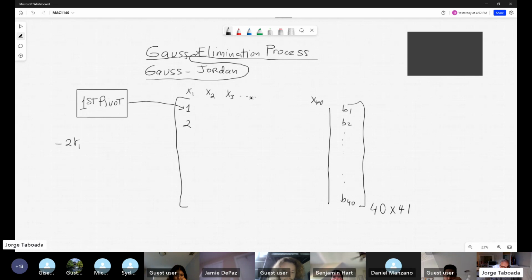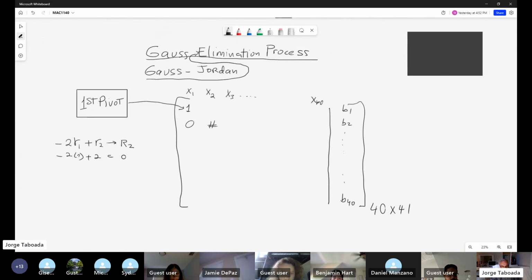Where I come from, -2 is the same number with the opposite sign. And you add it to row 2, and the new information goes in row 2. When you perform this row operation, -2 times 1 plus 2 is obviously 0. Yes or no? So this is 0 now, nice.